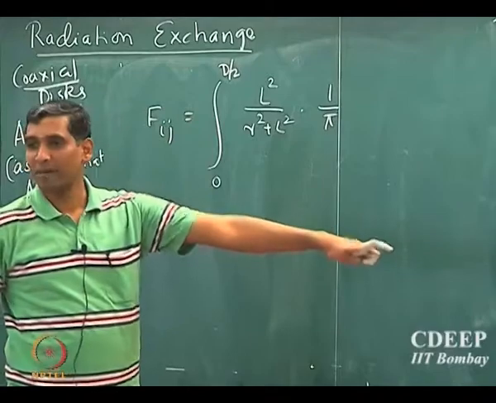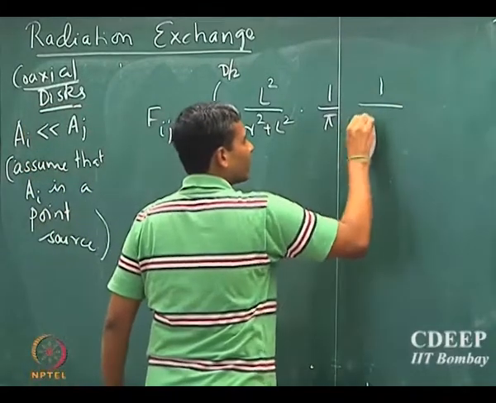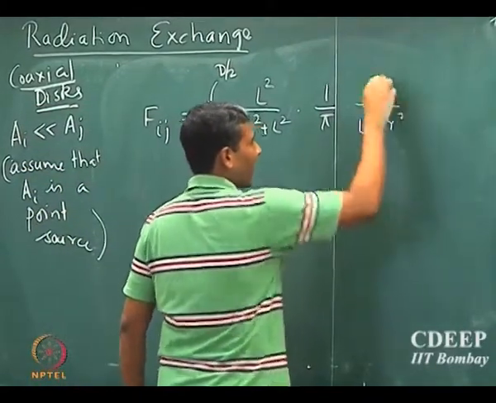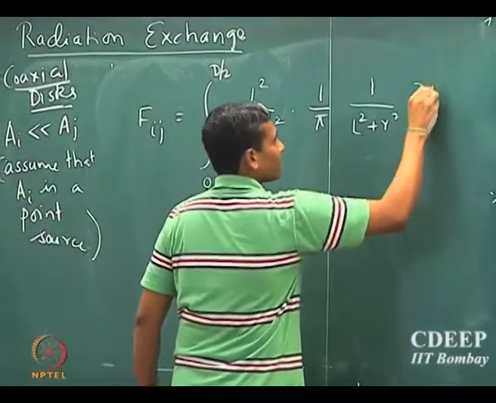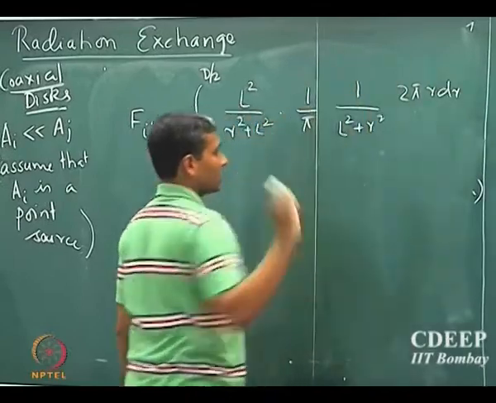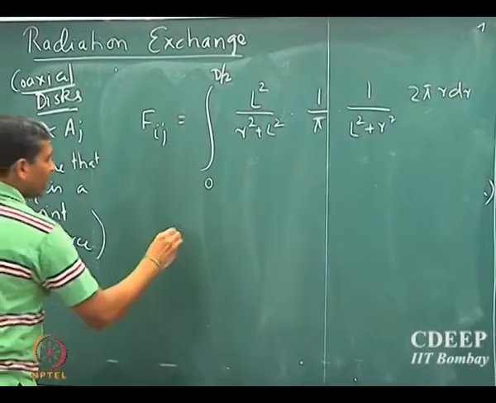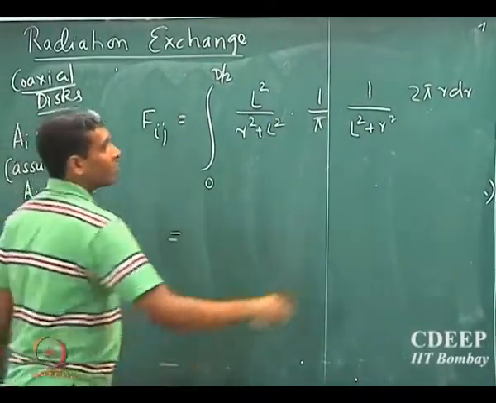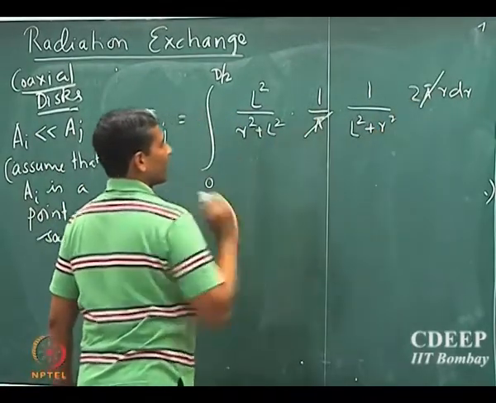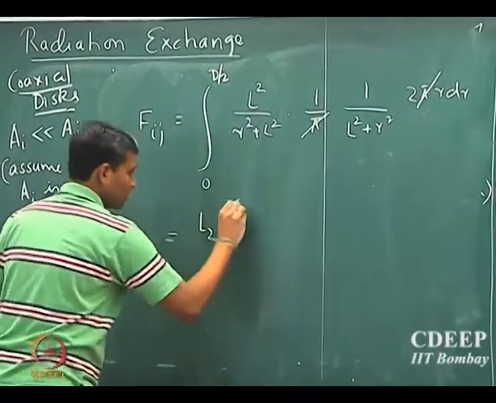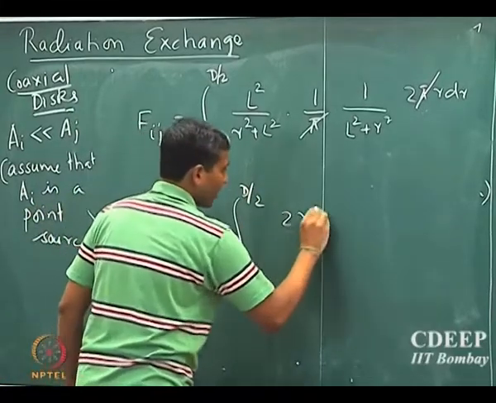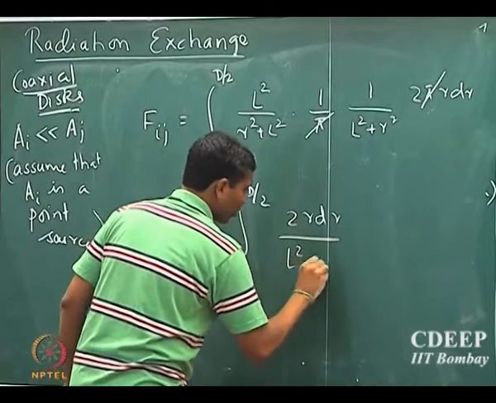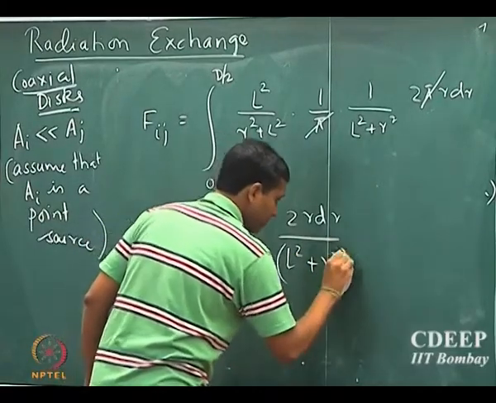The distance squared is L square plus R square, so we have 1 by L square plus R square, and dA is 2 pi r dr. So we can integrate this. Pi goes away, and so it will be L square times the integral from 0 to d by 2 of 2r dr divided by L square plus R square, the whole square.